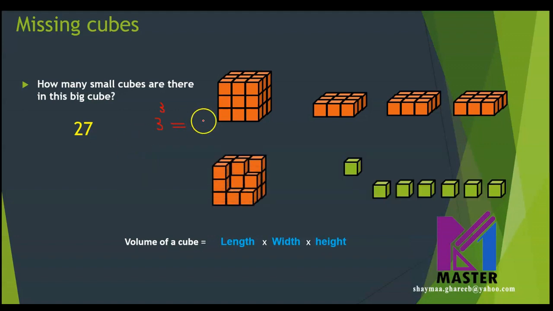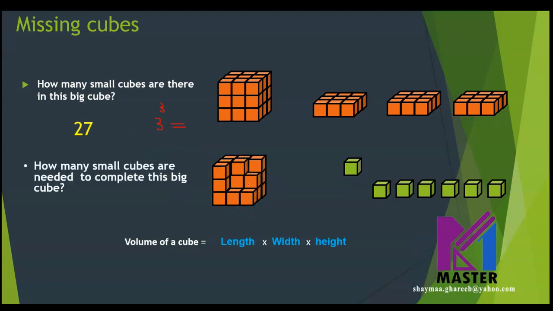Now look at this question. I have a cube here with some missing cubes. The question is, how many small cubes are needed to complete this big cube? So let's try to complete this cube one by one.